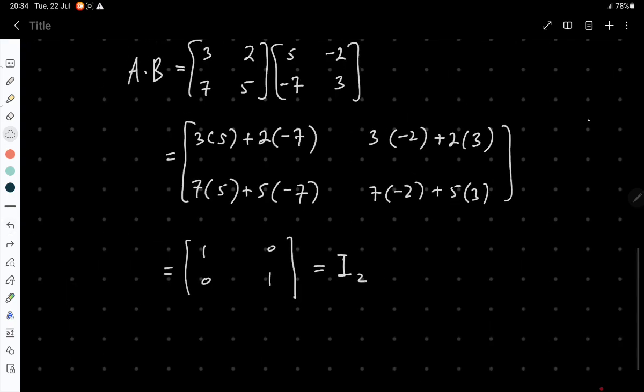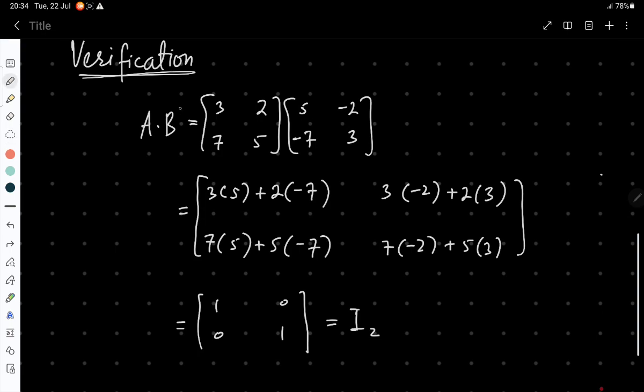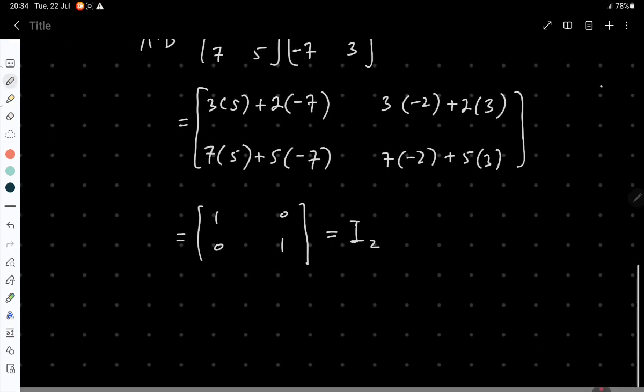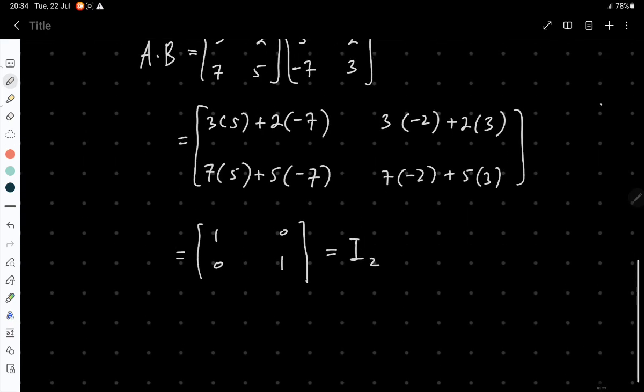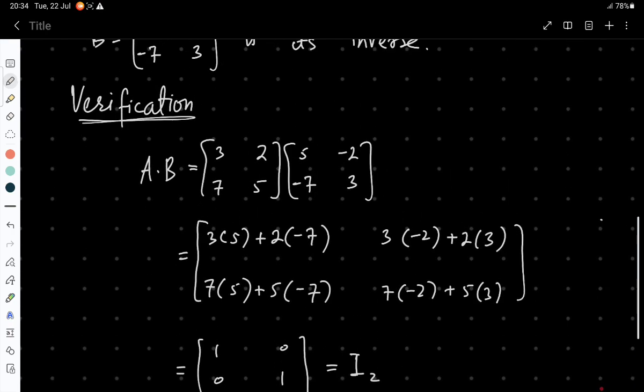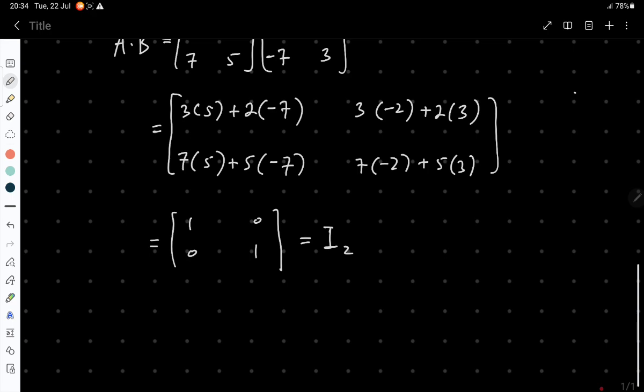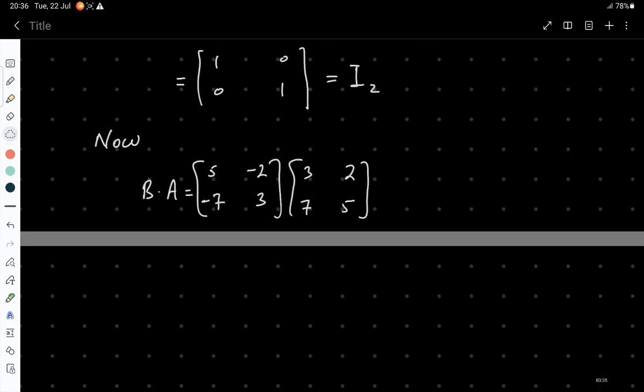So when I multiply A with B, I end up with the identity of order 2. Now I will do another multiplication in the reverse order, B times A, and I expect again to get the identity of order 2.